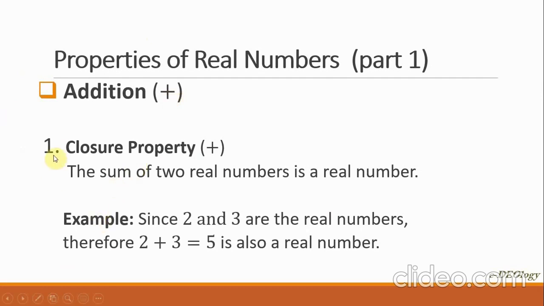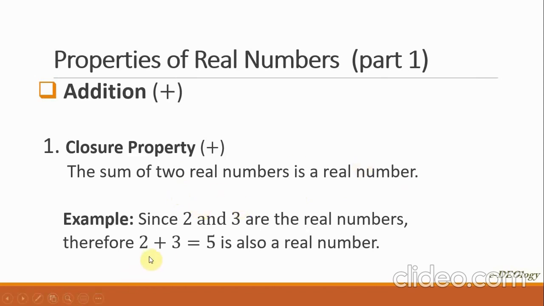The first property is what we call closure property. The closure property says the sum of two real numbers is a real number. As an example, we're going to pick two real numbers, 2 and 3.